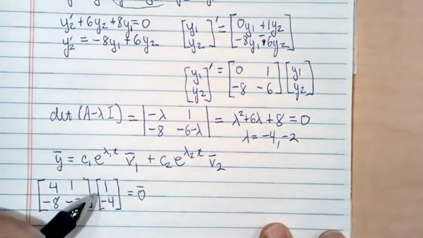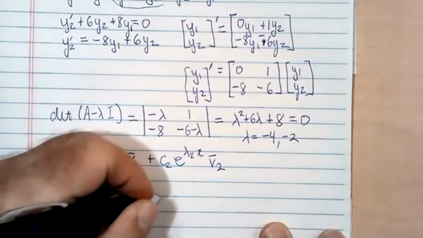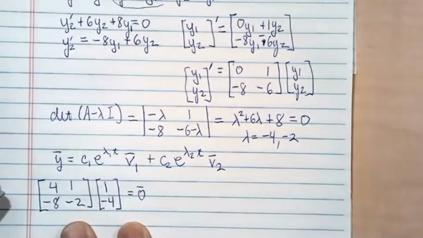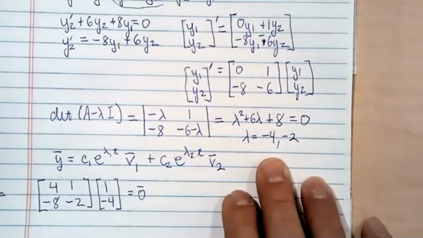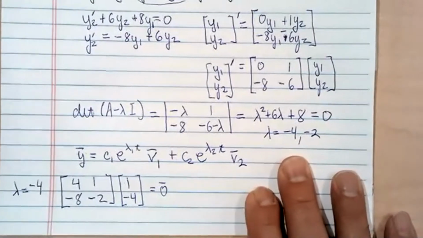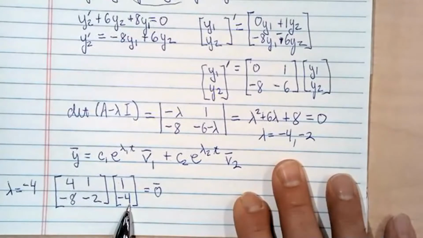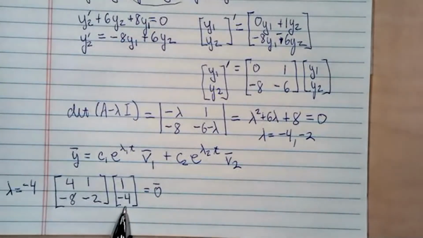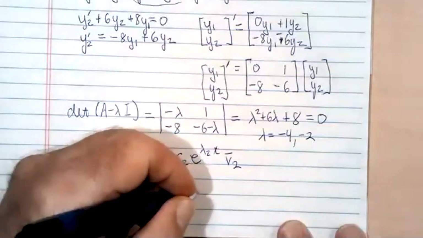So I know that (1, -4) corresponds to lambda equals -4. So when lambda is -4, this eigenvector will do. By the way, any scalar multiple of this would also do. Almost any scalar multiple of this. Not if you multiply it by 0, you lose all the information, but otherwise it's fine.